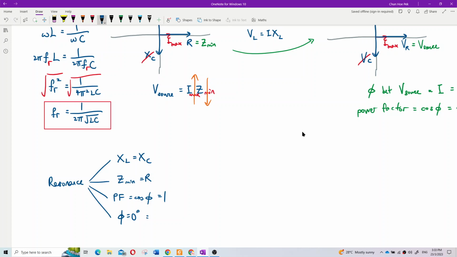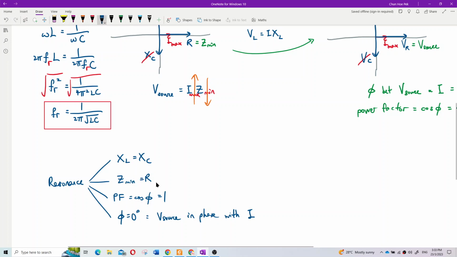Do you understand what is meant by phi 0 degree? That means the V source is in phase with current. They become maximum together, they become 0 together, no one leading.